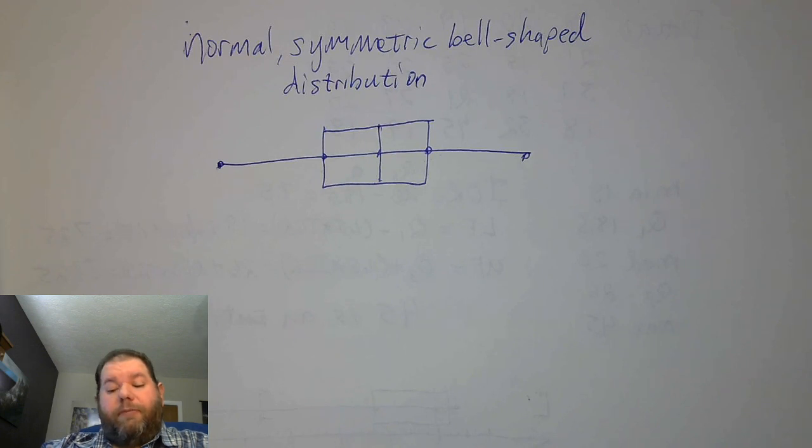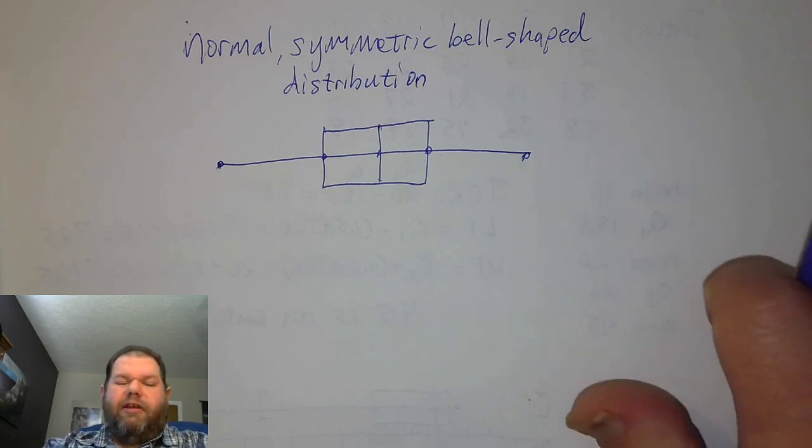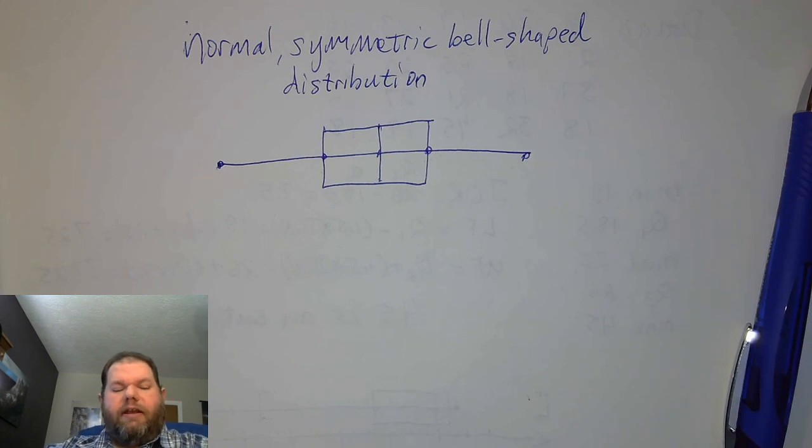So it could actually be a little bit of a larger box, but that would still be considered a normal symmetric bell-shaped distribution. So everything would be nicely centered, basically. So that would be the third type of box plot that we might see, and all data sets kind of have their own thing going on.